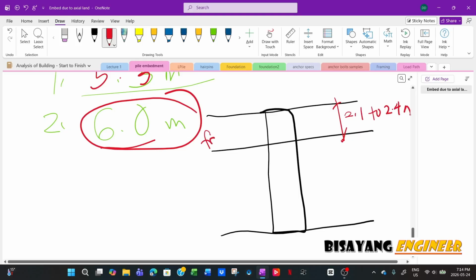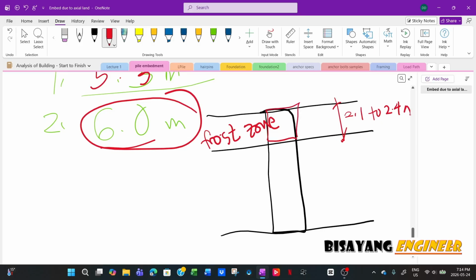This is called the frost zone. In this area, the pile will be subjected to a huge uplift force due to frost, called the adfreeze, and it will result in frost jacking.